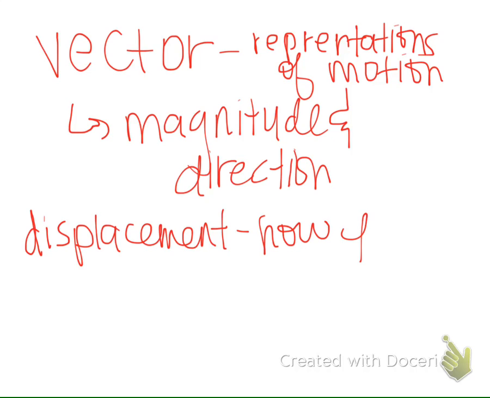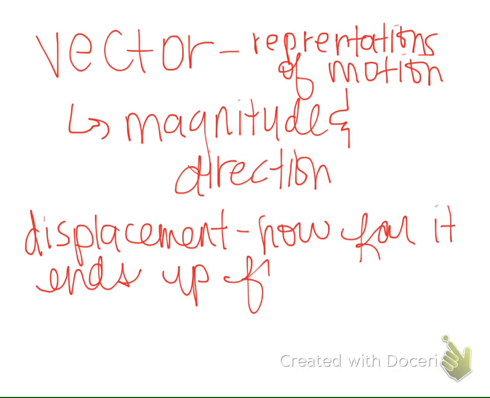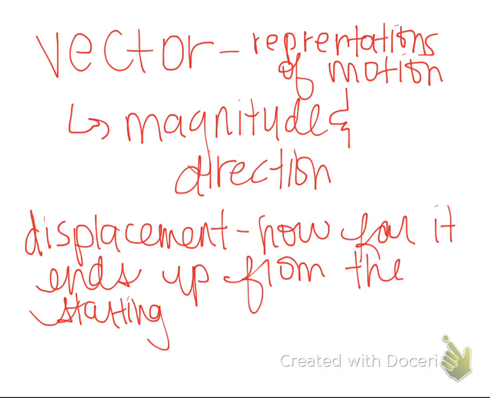So how far it ends up from the starting point. If you already have these in your notes, that's fine. I'm just doing a refresher on them. Okay, how far it ends up from your starting point. That's a displacement.